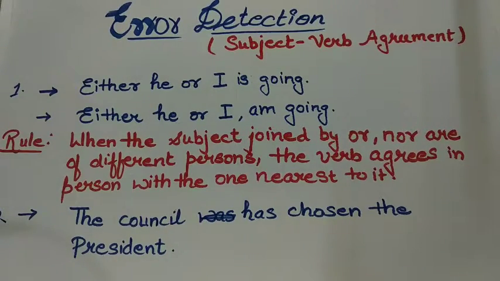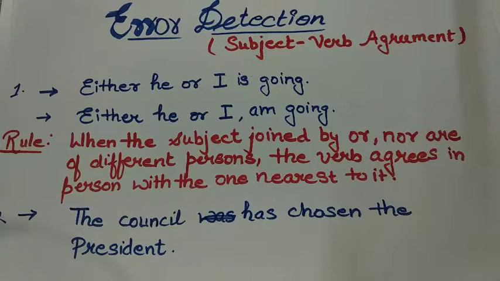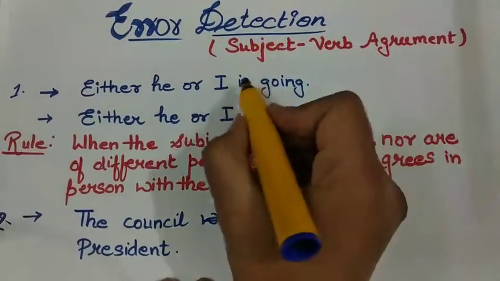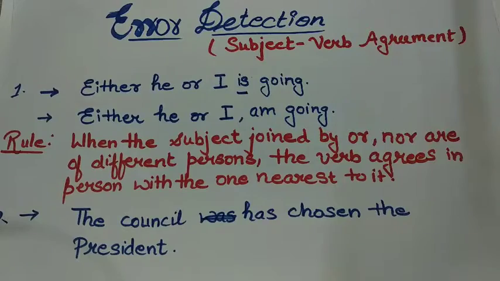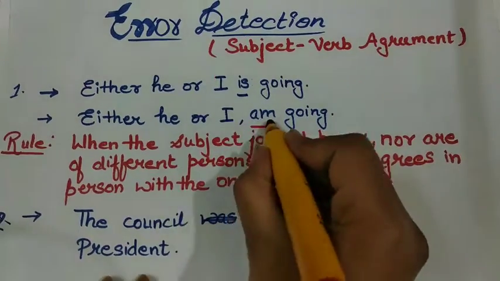The first sentence says, either he or I is going, and the second one says, either he or I am going. So guys, in the first I have used "is" with I, and in the second sentence I have used "am".